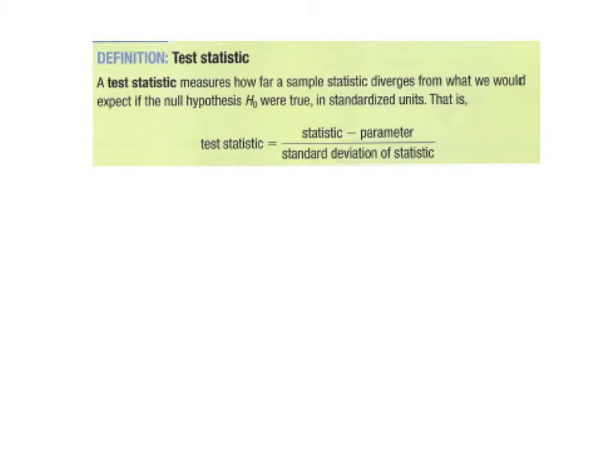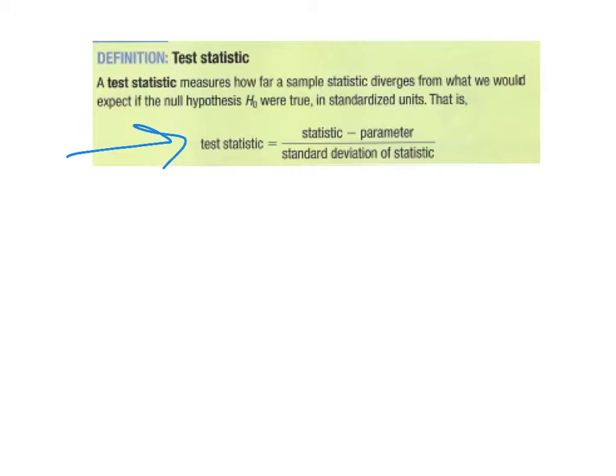When we standardize the statistic, this is what we're doing when we calculate what we call the test statistic. You have to show this when you are doing your work on your AP test. You have to calculate it, show it, and state that this is your test statistic.